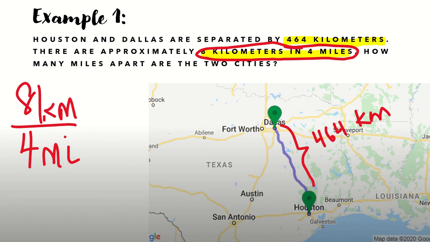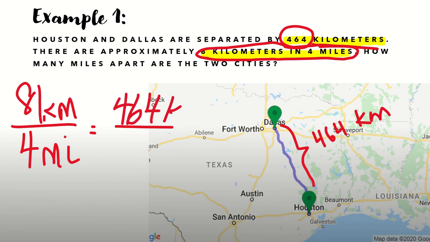Now we just need to figure out, since we know we're going to be using proportions, where does the 464 kilometers go? Does it go on the top? Does it go on the bottom? Same old question we've been asking ourselves in this whole topic. 464 kilometers, you're right, exactly. It goes on the top because it needs to match up with the other kilometers, meaning that our missing number, miles, is at the bottom.